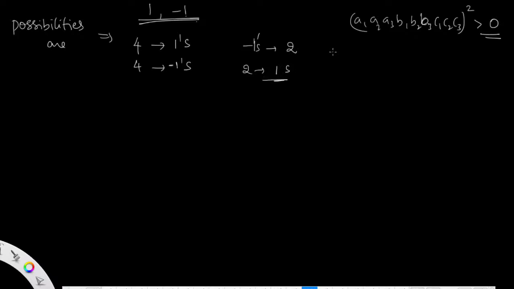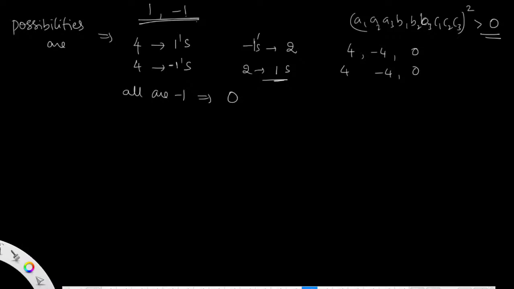So the total possibility, the determinant should be 0 also. We can write 4, minus 4, comma 0, and another case is when all are minus 1, then you get the determinant value always 0.